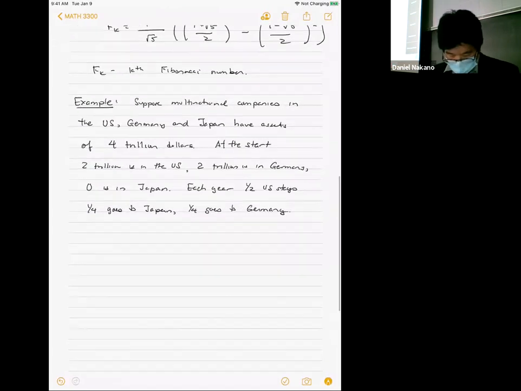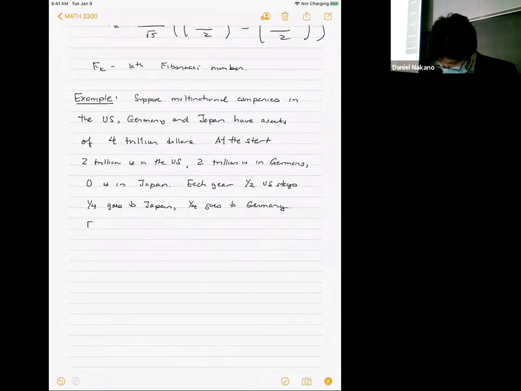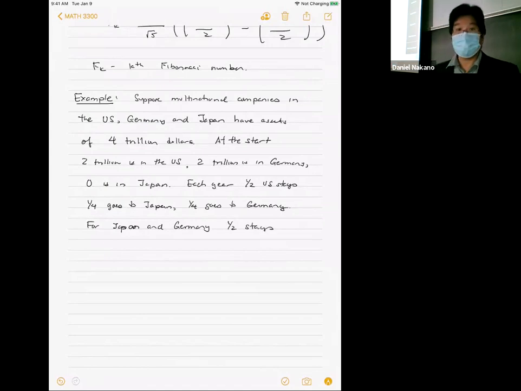For Japan and Germany, 1/2 stays: 1/2 of the amount Japan has in assets stays, 1/2 of the amount Germany has stays, and for each one, 1/2 is sent to the US.